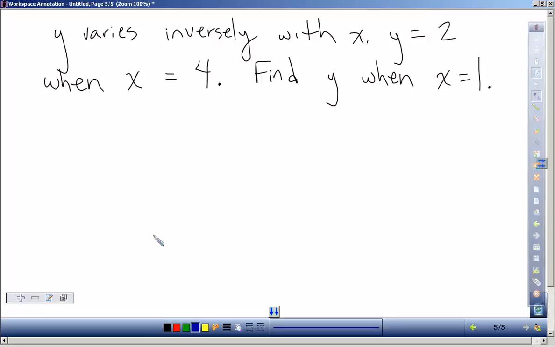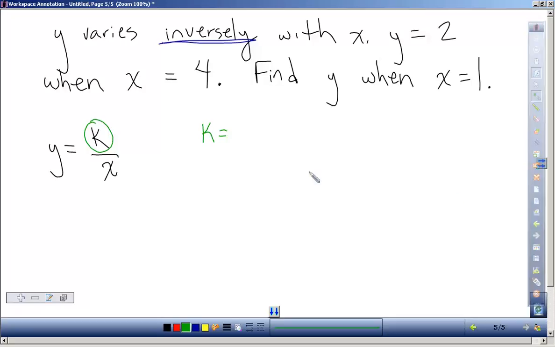So if we have that as our situation, again, you break it down. What kind of relationship is it? That's the first thing we want to figure out. Y varies inversely. We said that the equation for inversely was y equals k over x. And folks, you just have to memorize that. That's an inverse relationship. That's going to be the equation. So this is my formula for an inverse relationship.